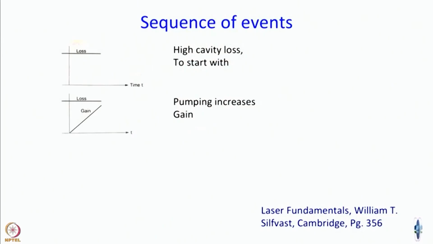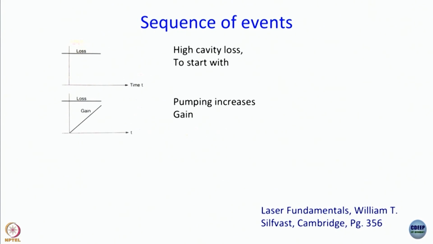Population of the lower energy level is much more than population of the higher energy level. So, there will be absorption, there will be loss and all. So, to start with you have a high cavity loss. Then as you pump, gain increases. At a point when gain is nearly equal to loss, that is when you switch the cavity on.